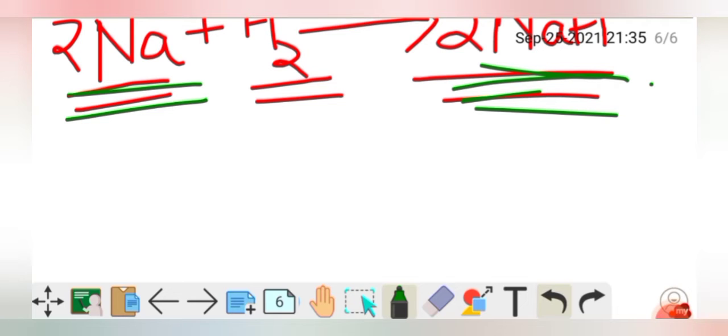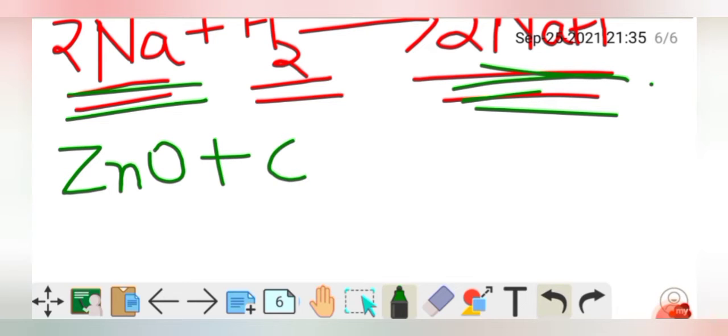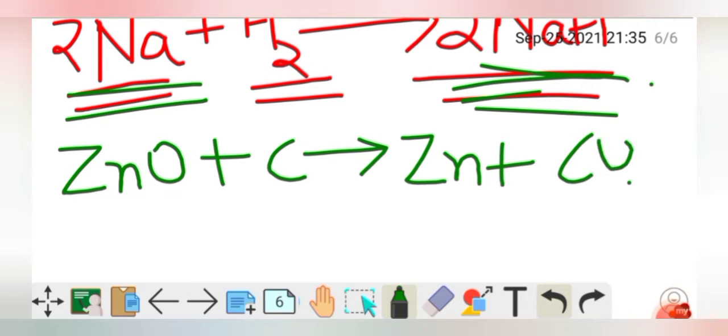Now we'll move on to the next example, that is zinc oxide. When zinc oxide, ZnO, reacts with carbon, it forms zinc, Zn, plus carbon monoxide. The formula of carbon monoxide is CO, and both should be capital letters.